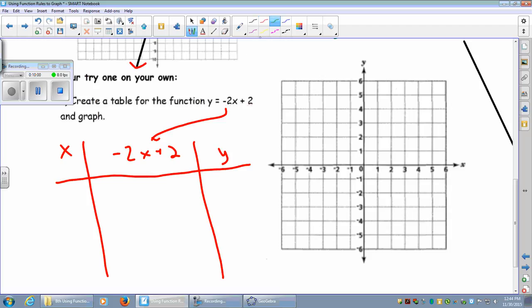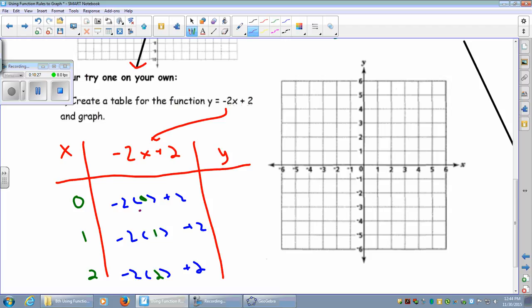Hopefully we all used similar x values, maybe 1, 2, and 3, or 0, 1, and 2 is what I'm going to do. So inside of here, I'm going to put -2 parentheses plus 2, -2 parentheses plus 2, and last but not least, and I'm going to plug in 0, 1, and 2.